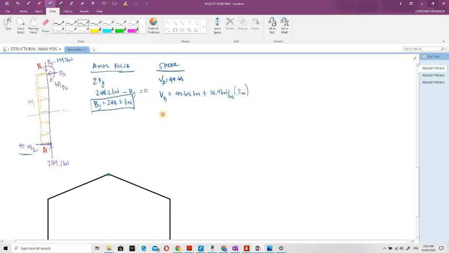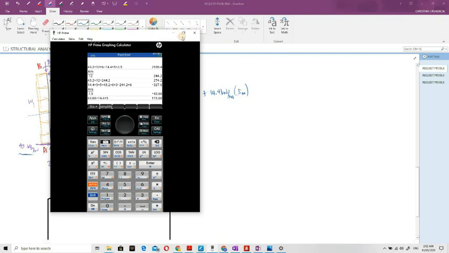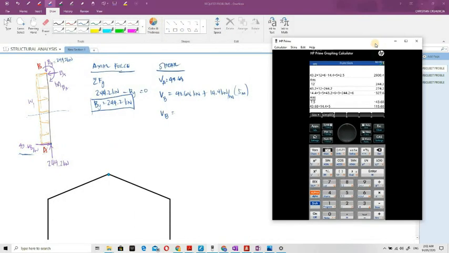So yun lang yung ating shear force sa point B. Okay. Calculator natin. 43.68 plus 2.4 times 5. So 115.68.